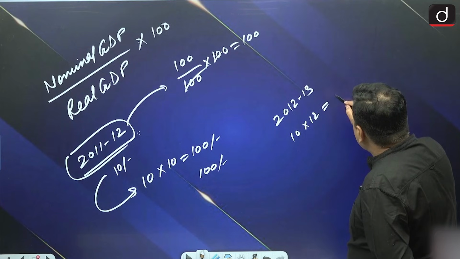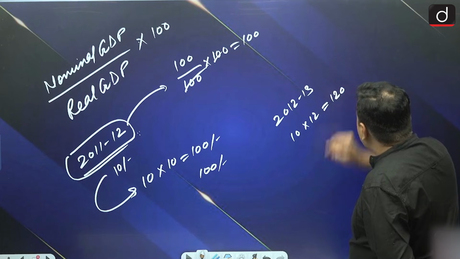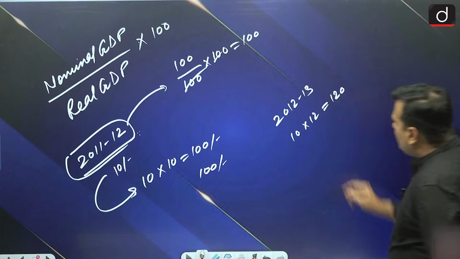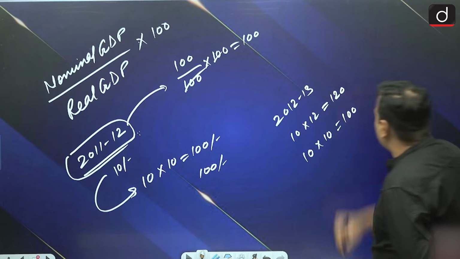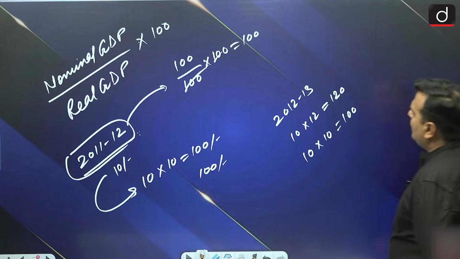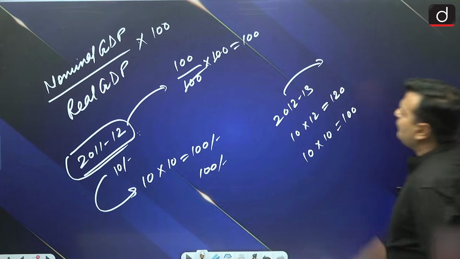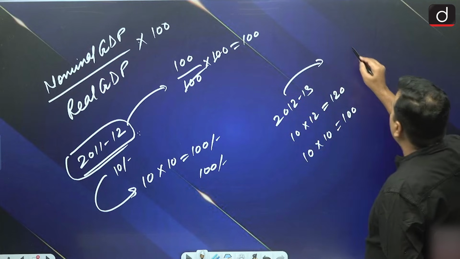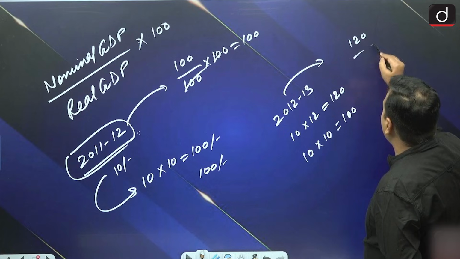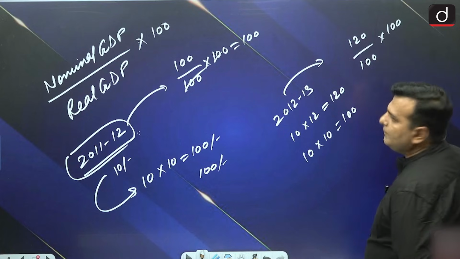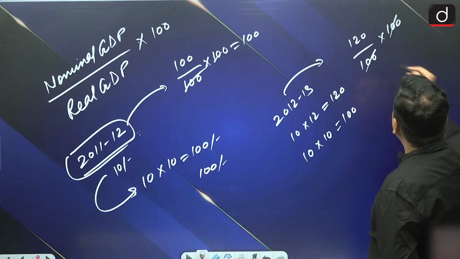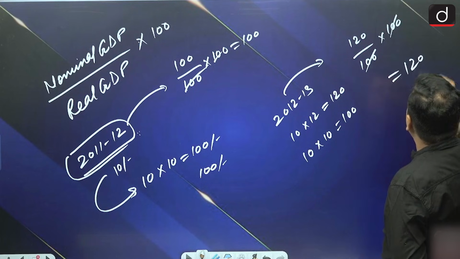The nominal GDP will come out to be 120, but the real GDP will remain the same, that is 100. Now how will the GDP deflator be calculated? 120 divided by 100 multiplied with 100. So the GDP deflator will come out to be 120.